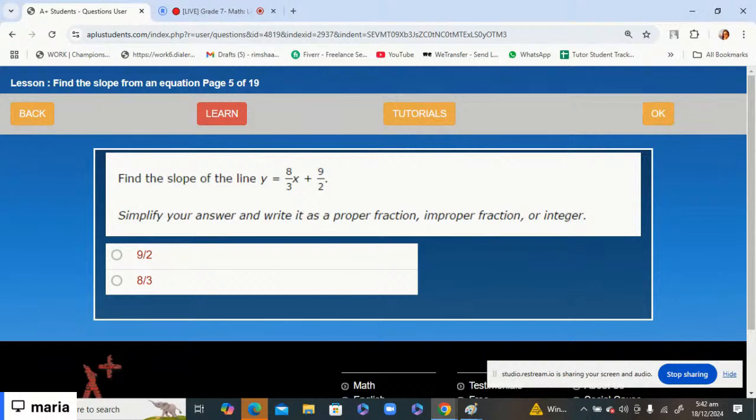Now tell me the answer of this one. What is the slope here? Find the slope of the line y is equals to 8 by 3x plus 9 by 2. Simplify your answer and write it as a proper fraction, improper fraction, or integer.